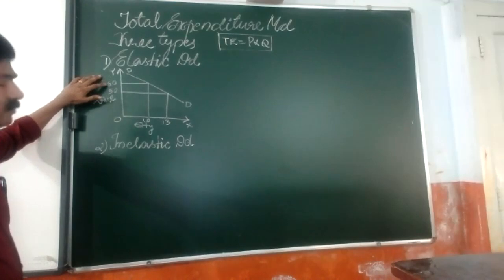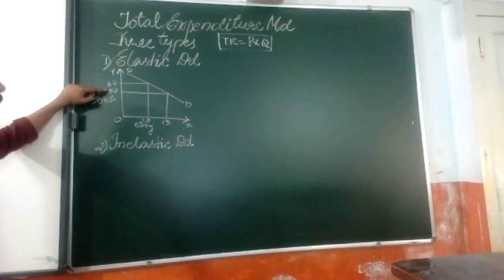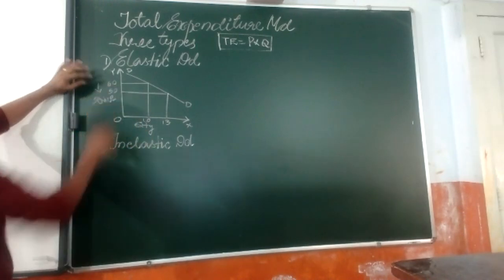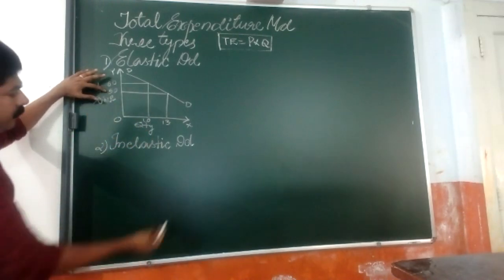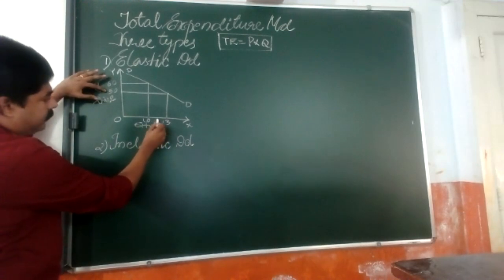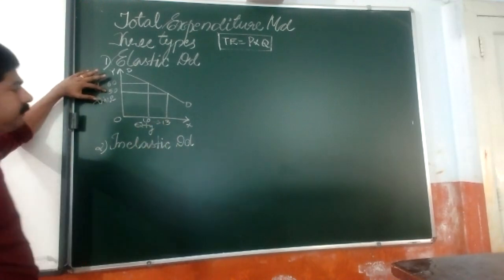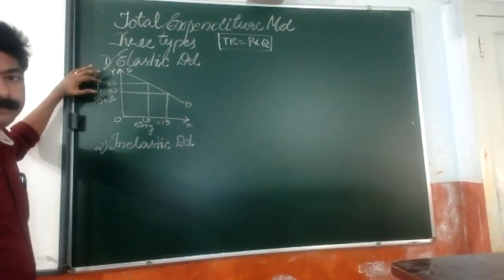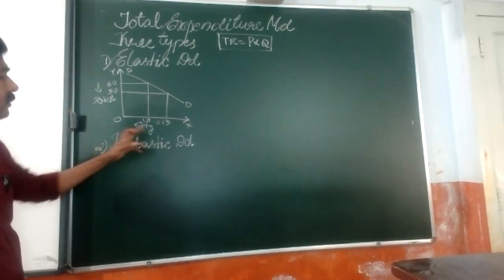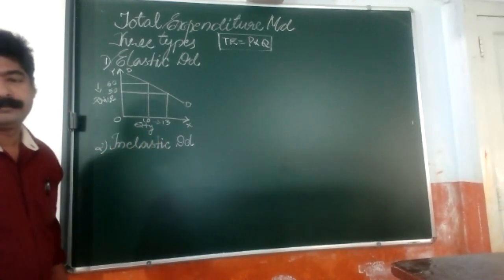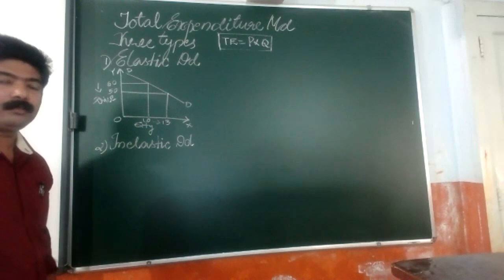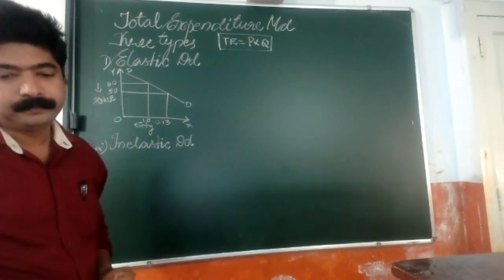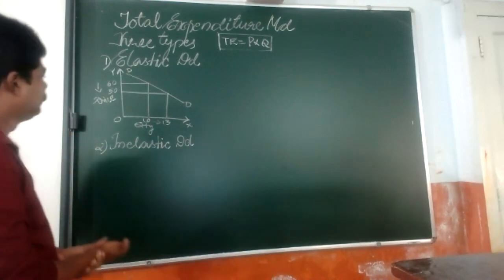Prices are given as 60 and 50, a fall in price from 60 to 50. The quantity demanded increases from 10 to 13. The percentage change in quantity demanded is more than the change in price. That is known as elastic demand.